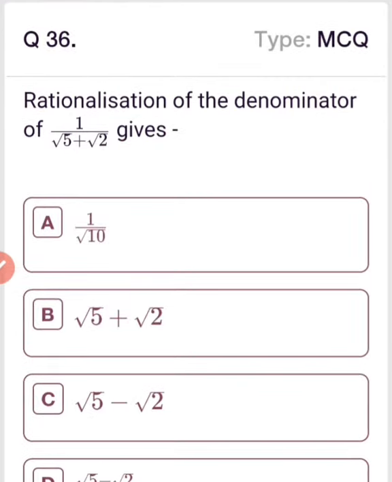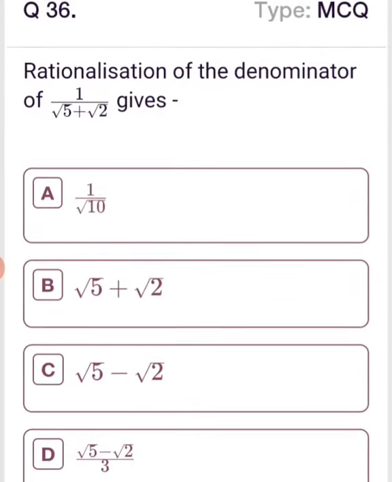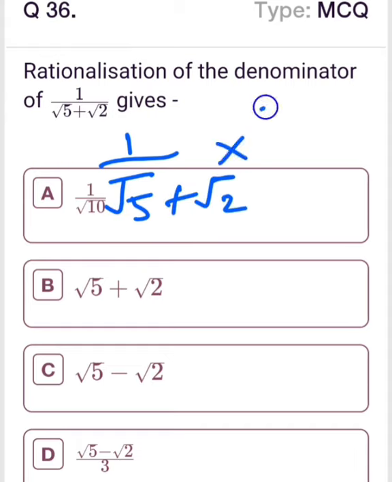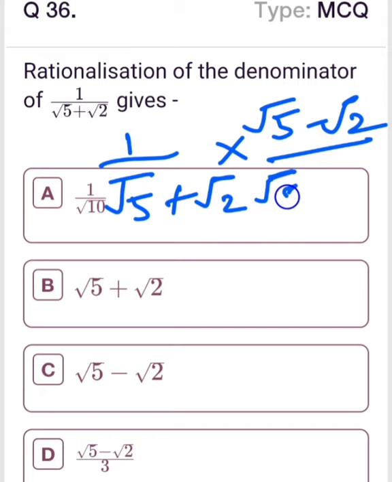Next question. Rationalization of the denominator of 1 upon root 5 plus root 2. Okay, then 1 upon root 5 plus root 2, what will be the rationalizing factor? Root 5 minus root 2 upon root 5 minus root 2.